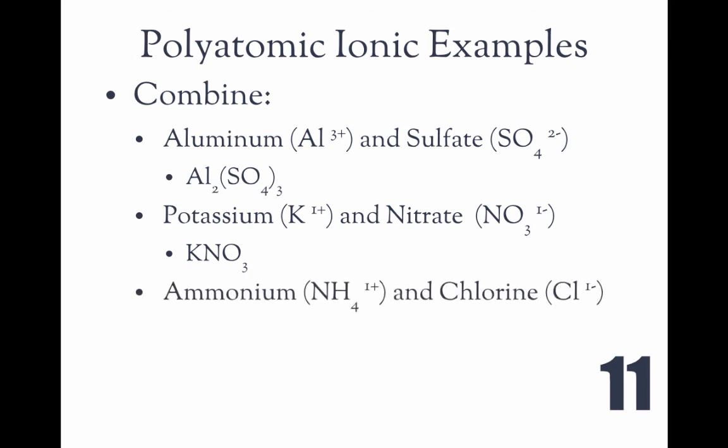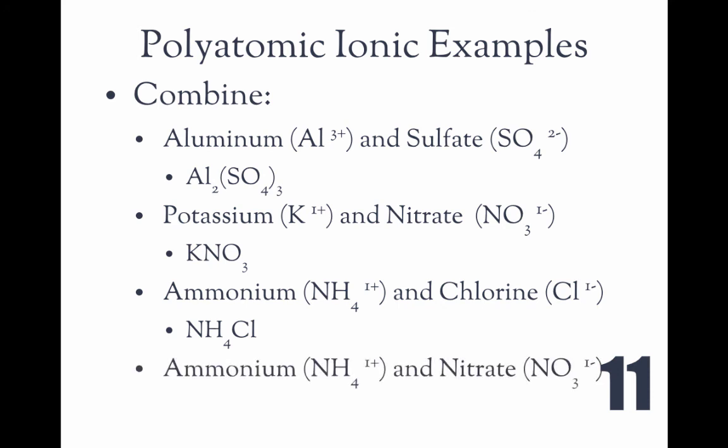Ammonium and chlorine. Ammonium is NH4. Chlorine is Cl with a 1 negative. They would combine together to make NH4Cl. And ammonium with nitrate, because a polyatomic will bond to another polyatomic, would make NH4NO3.